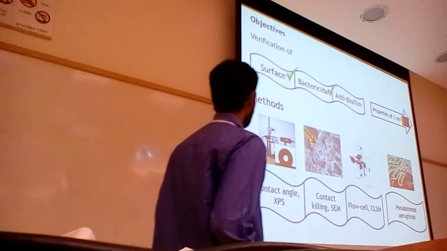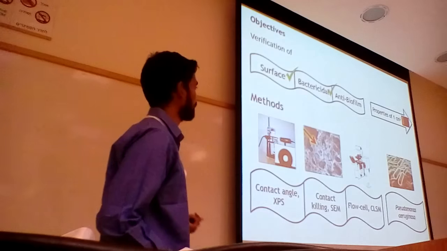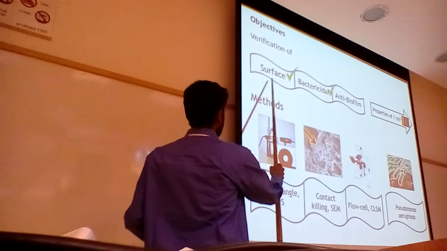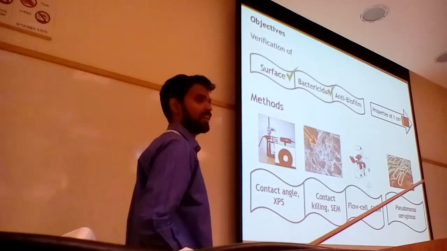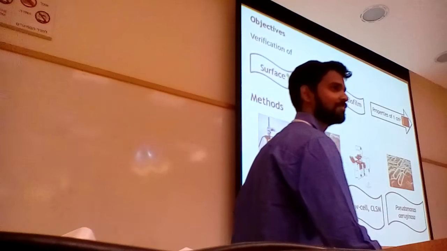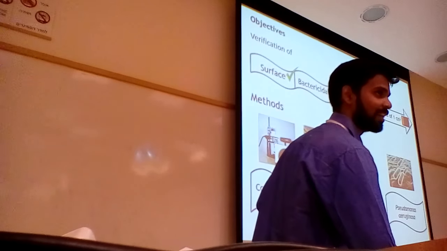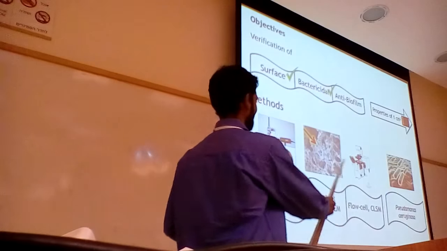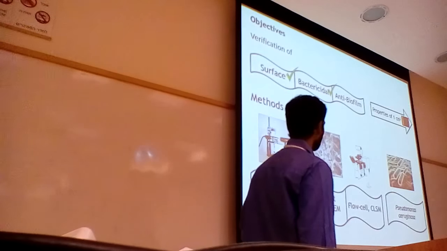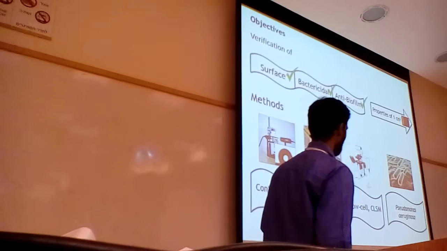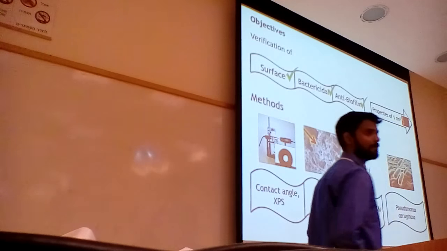Now, before our closure, we recapitulate. Graphene that is fabricated under inert atmosphere is hydrophobic, and graphene that is fabricated in oxygen atmosphere is hydrophilic, and graphene is bactericidal. The anti-biofilm properties we studied, and we found they are quite anti-biofouling against Pseudomonas aeruginosa.